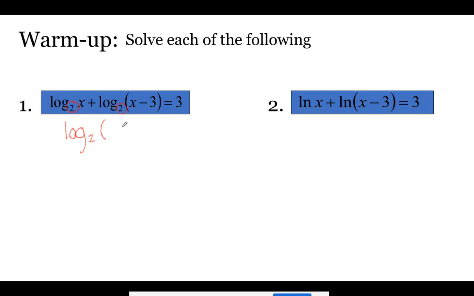Log base 2 of, what is that? X squared, right? Because x times x minus 3x equals 3. And then, this is the exponent that turns 2 into x squared minus 3x: it is 3, right? So 2 cubed equals x squared minus 3x.